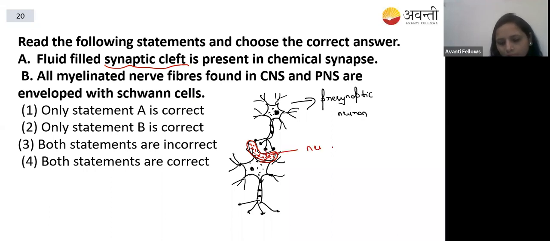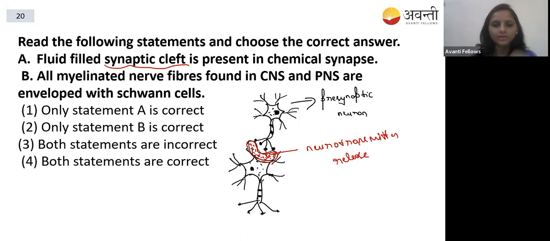So in the chemical synapses, what happened? Neurotransmitter will be released here. Then it will be taken up by the postsynaptic neuron, right? So it is nothing but the postsynaptic neuron.